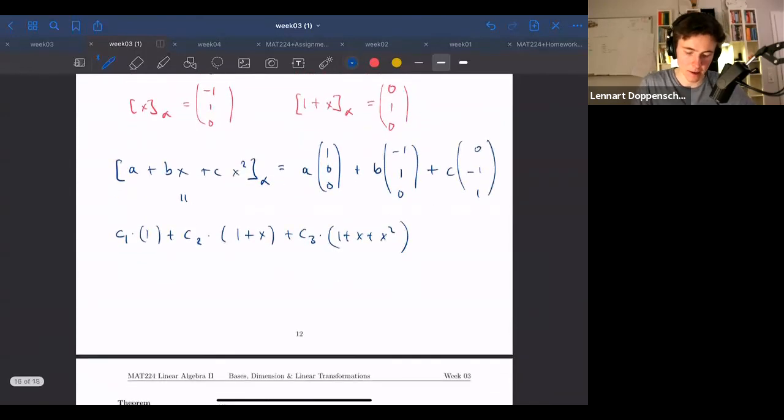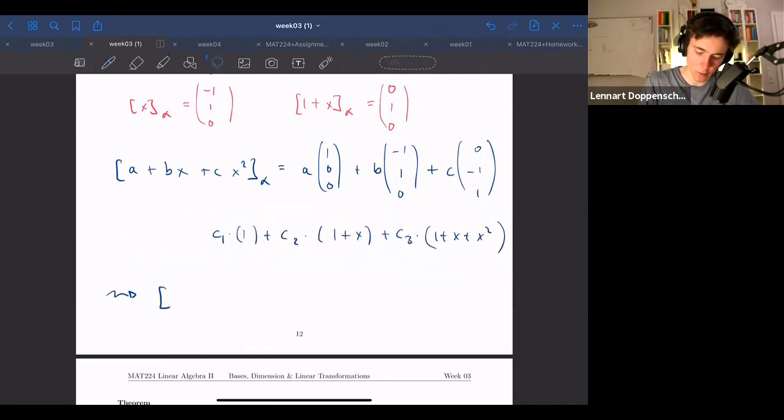And then this would imply that, let me move this over a little bit, I want to find C1, C2, C3 such that a plus bx plus cx squared is equal to this, which would mean we represent it as a linear combination in the basis elements.